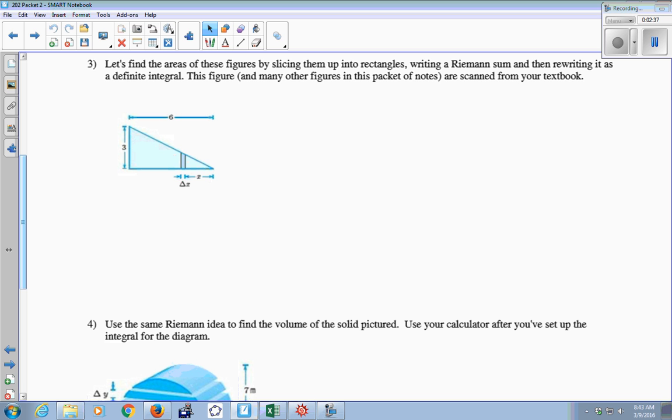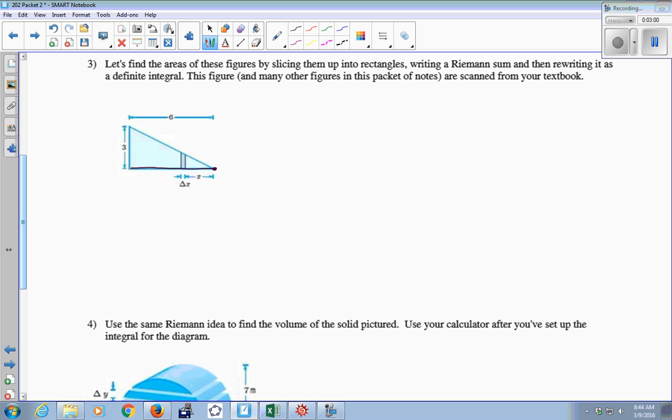All right, so we're going to slice it up. We're going to write a Riemann sum where we add a bunch of rectangles together, and then we're going to convert that to a definite integral. We're starting at this end right here, and we're defining x to be the distance from this point along the base.